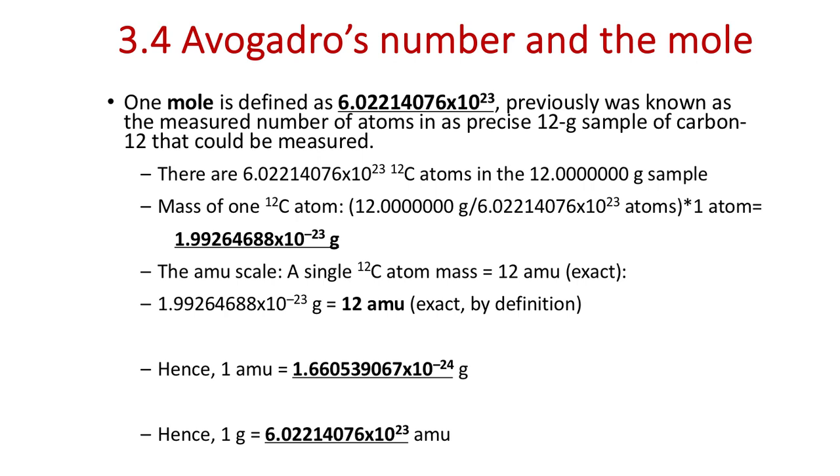Okay, let's talk about Avogadro's number for a minute. A mole is defined to be precisely 6.02214076 times 10 to the 23. It used to be known, and we used to say, that it was precisely the number of carbon atoms in an exact 12-gram sample of carbon.